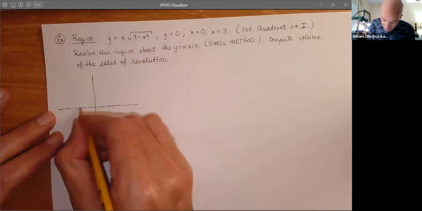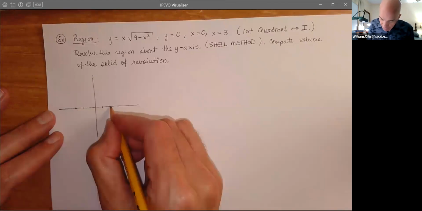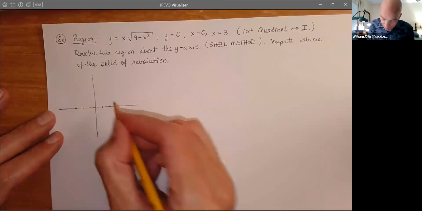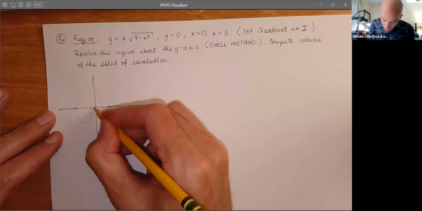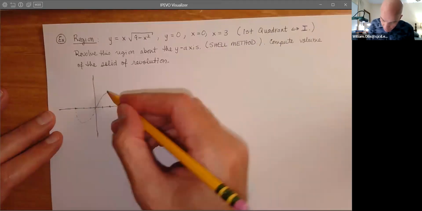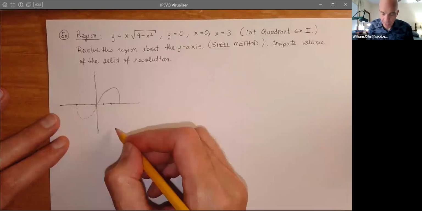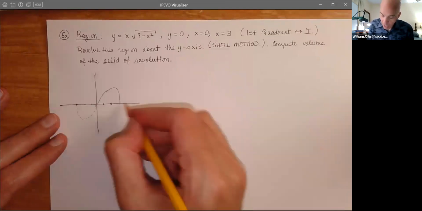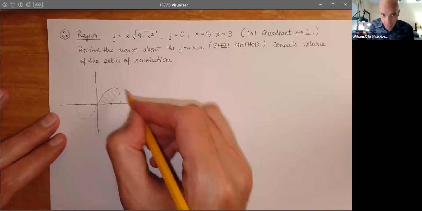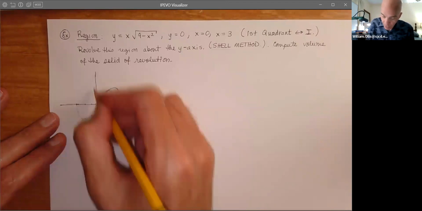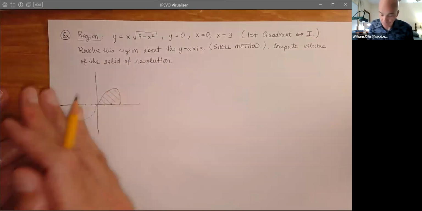I'll just kind of dot in this part. I'll draw this one. And like that. So that's in no man's land. This is the part that we want here because we have y equals 0, x equals 0 in the vertical line. So we just want to restrict to this part here and forget that part.